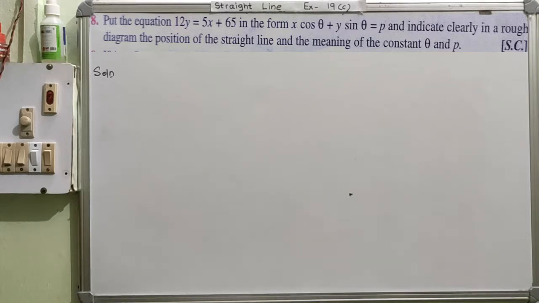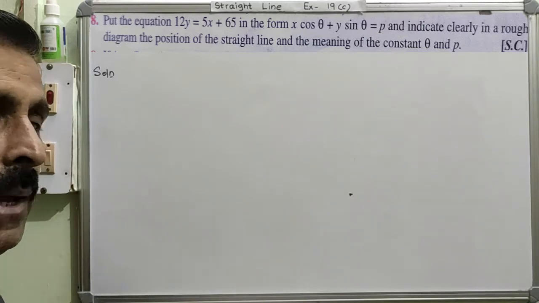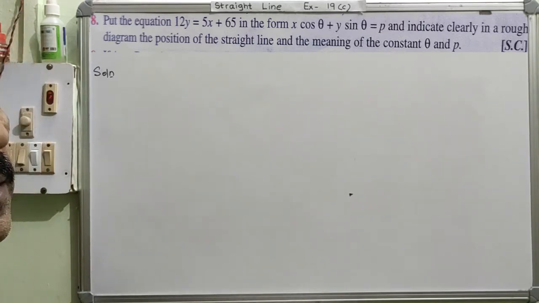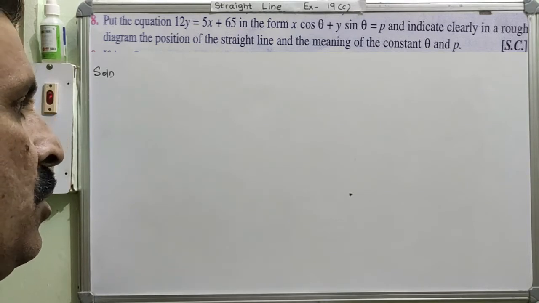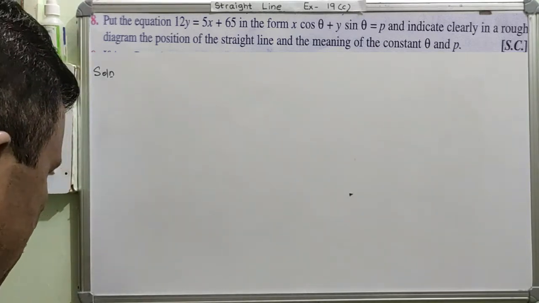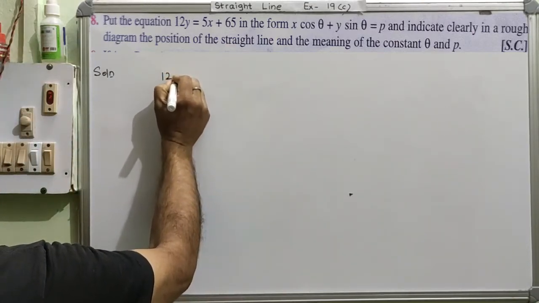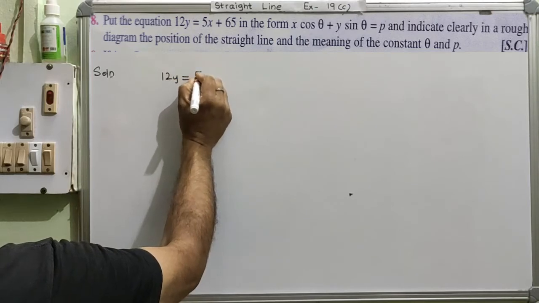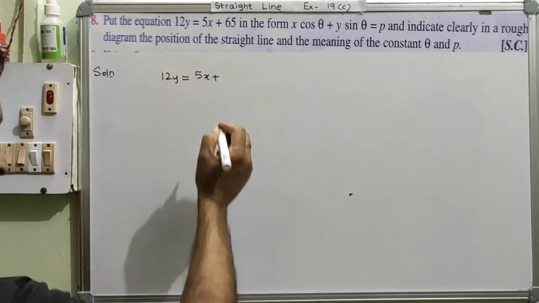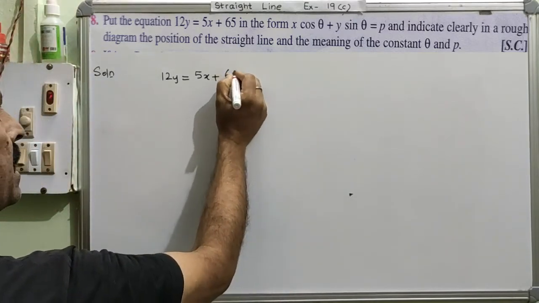So in this question, along with the perpendicular and the angle, we also have to show the diagram. So we are going to begin this question. First of all, we will have this equation, the general form. The general form of the equation is 12y is equal to 5x plus 65.